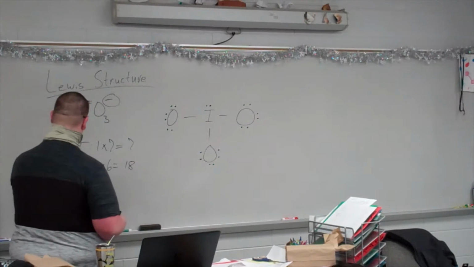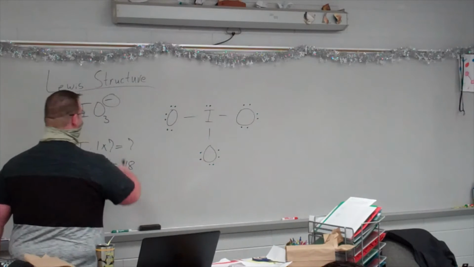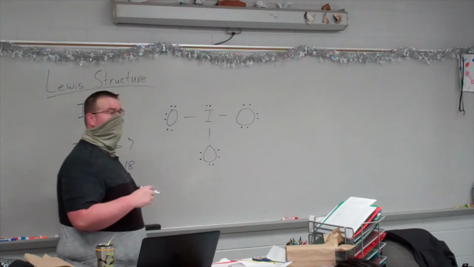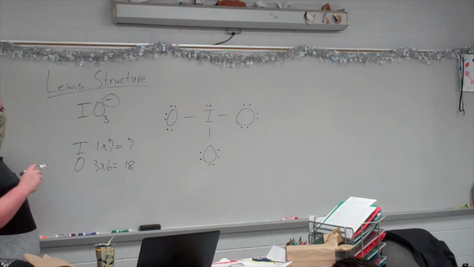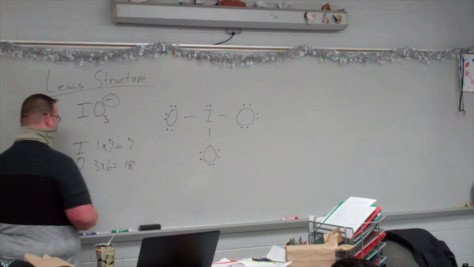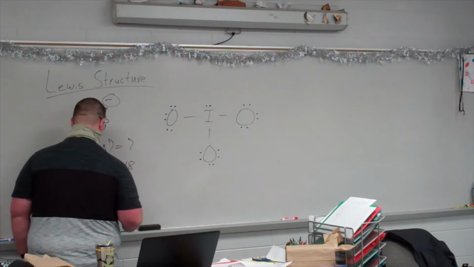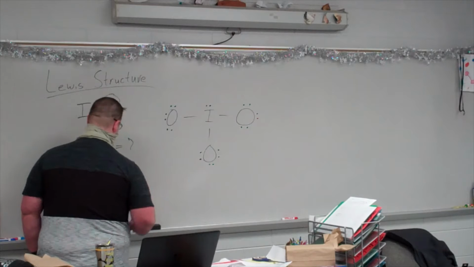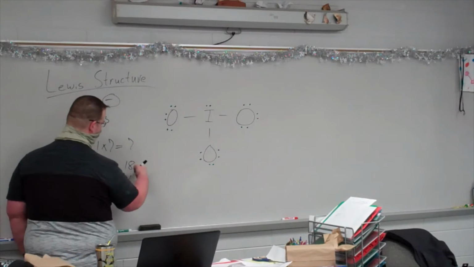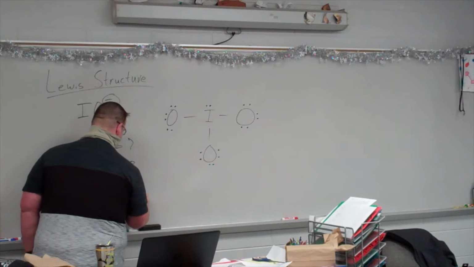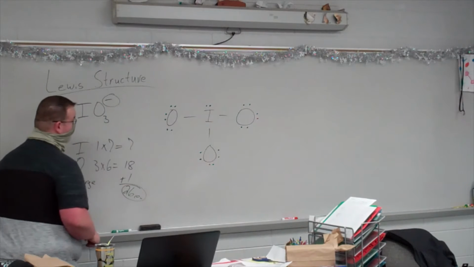But then we have this charge to take care of. Remember, we're talking electrons. Electrons are negative. You see a negative, do the opposite. We add. So we'll handle that charge here, and we will add another one. So 7 plus 18 is 25. 25 plus 1 is 26. So I have to show 26 electrons.